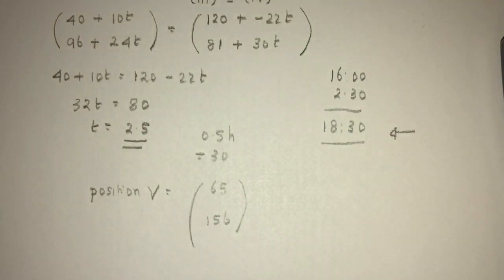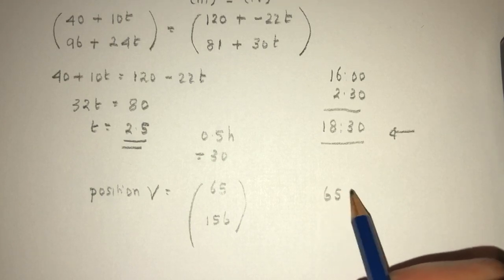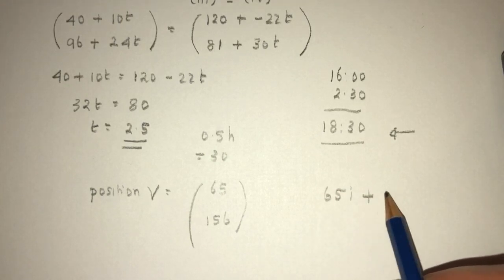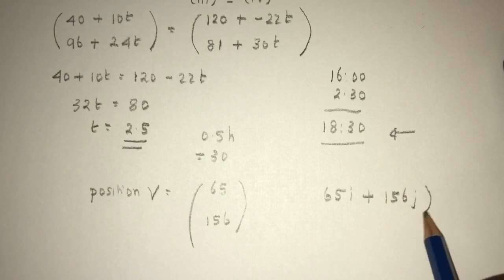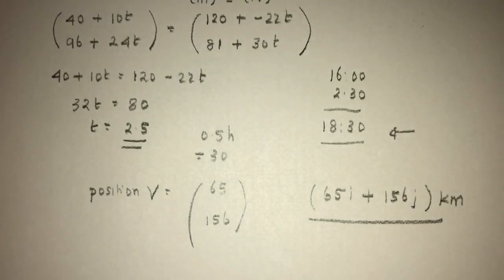So that will be the position vector relative to P of the point of intersection. You can write this down in this way: 65i plus 156j. The units are kilometers, so that will be the position vector relative to the point P. So that will be your question number 10.